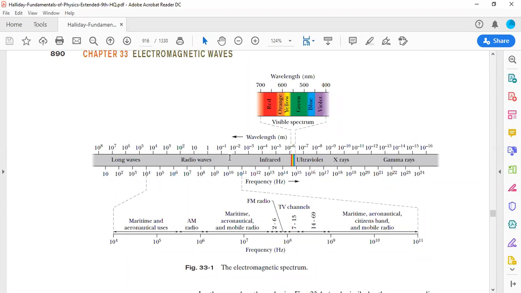And then there comes infrared radiation, which also has a comparatively shorter wavelength as compared to radio waves. Then the visible part from 700 to 400 nanometers. As you move from red to violet, the wavelength of the radiation decreases significantly.